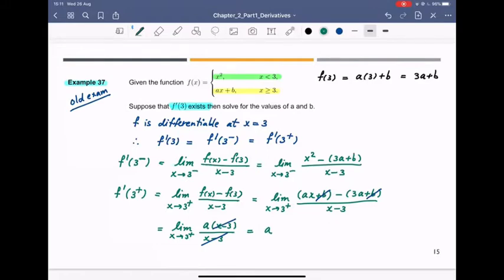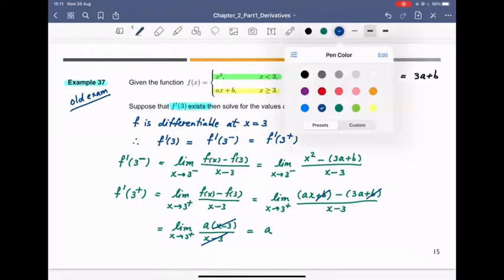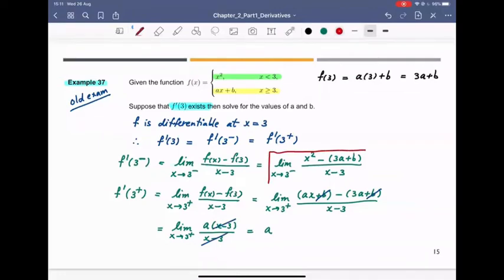But for the left hand derivative, you can see that we have a problem here because we get stuck, because we don't know the value of a and b here, or 3a plus b yet. So many of you, if this shows up on the exam, are going to get stuck here, and then you're going to just set the thing that I boxed in red equal to a, and then you're trying to solve it, and then you cannot solve it.